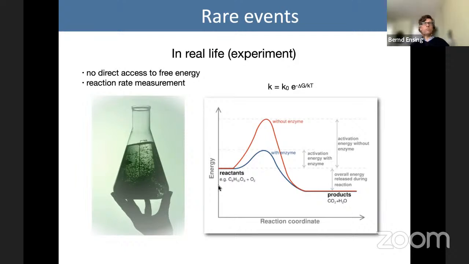So when we talk about rare events, of course, we mean rare events in simulations, right? Interestingly, in real life, in experiments, usually the things that we call rare events are not rare events. The reason is that in real life, timescales are a bit longer: seconds, hours, days.